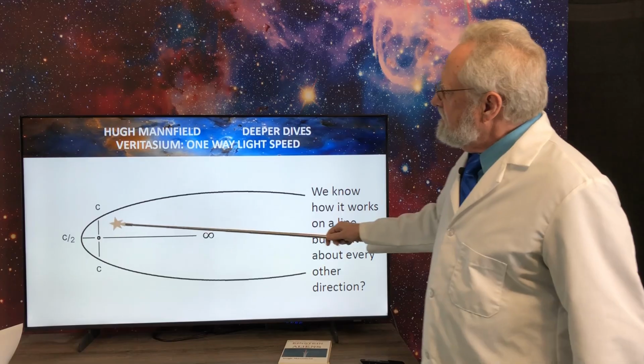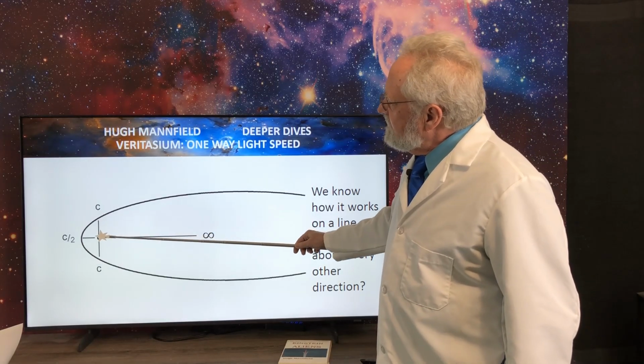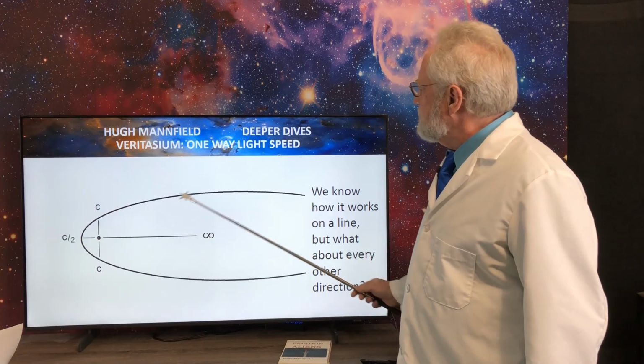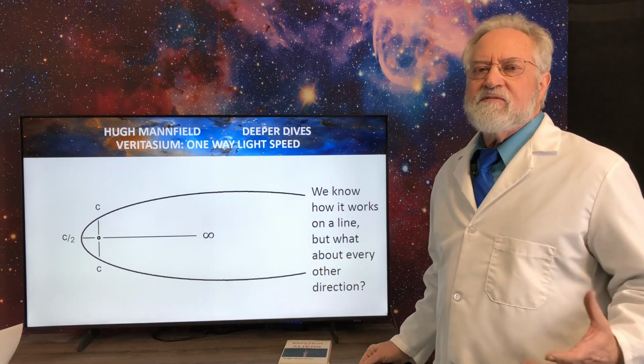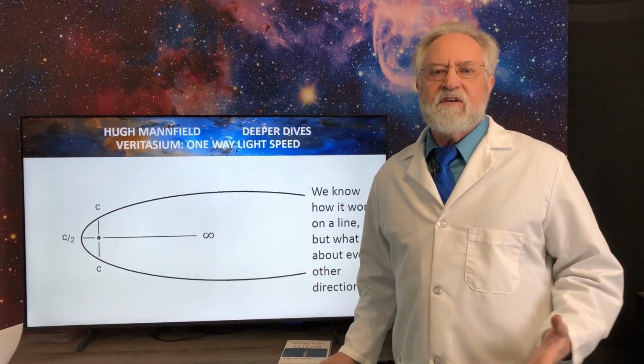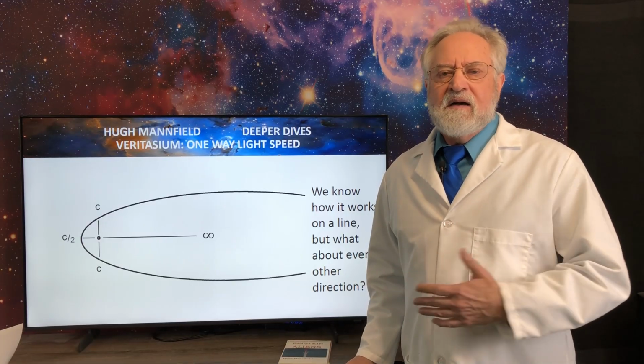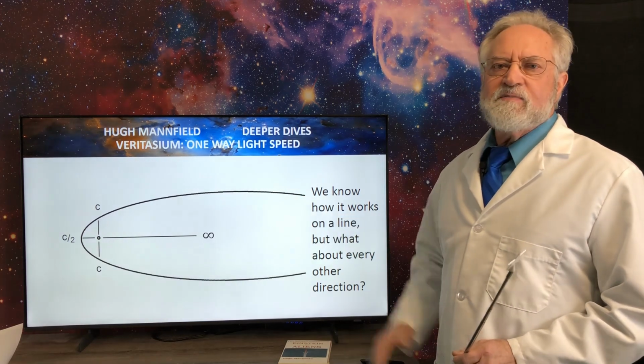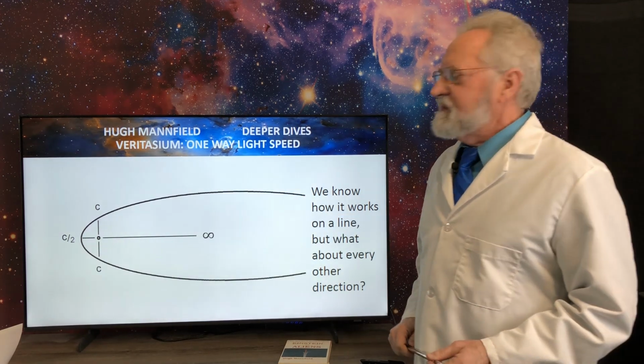And so for Derek's example, that speed must change by some sort of function with direction. Now, I don't know what that function is, and I'm not going to try and figure it out because this isn't my proposal. So if Derek wants to explain that more in another video, that's up to him.